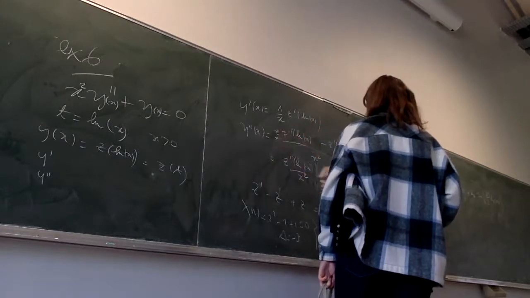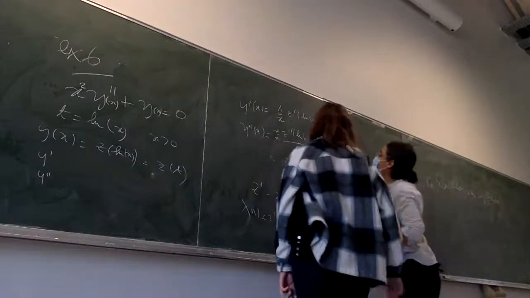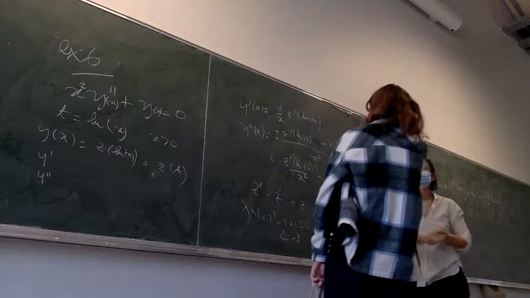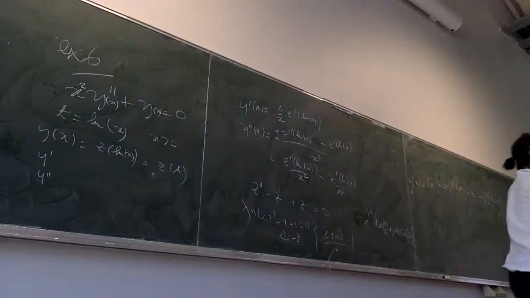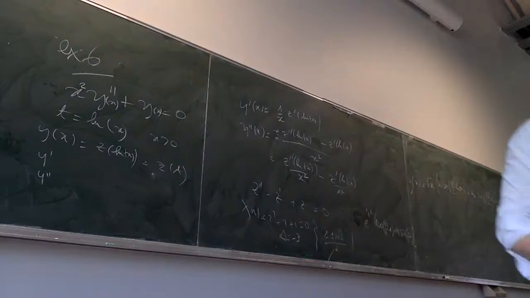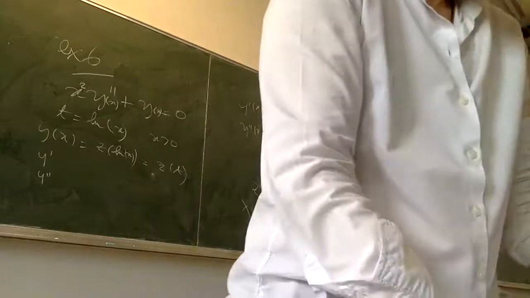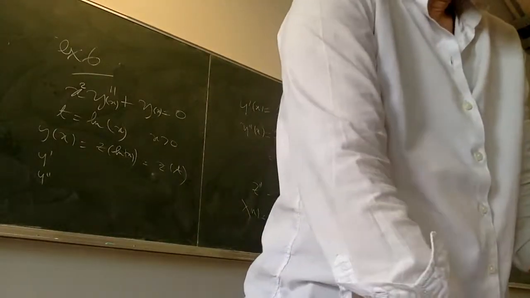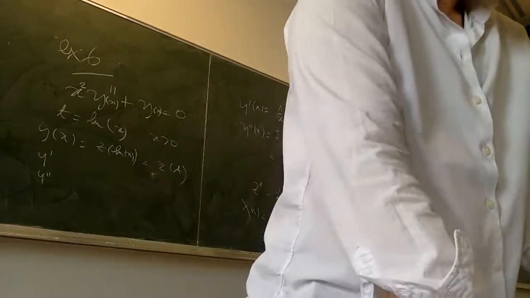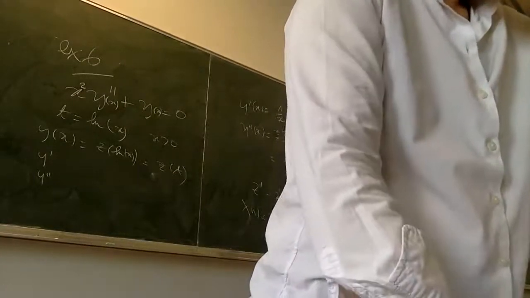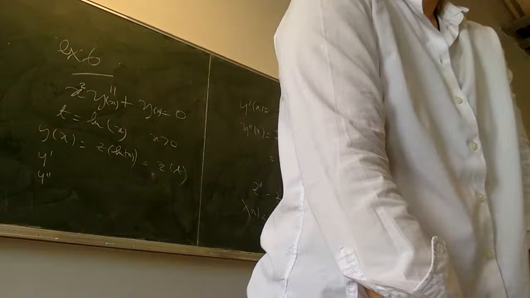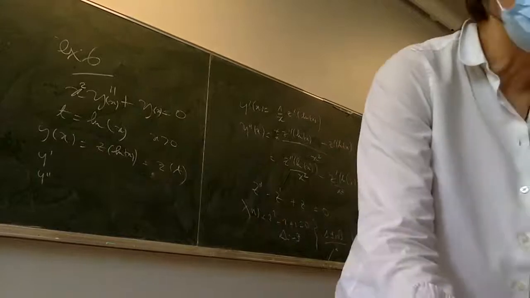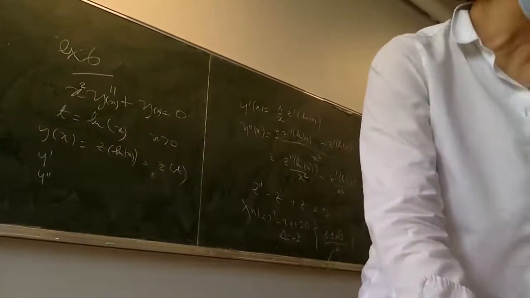That's x over x. I counted 425, so 125, 175.